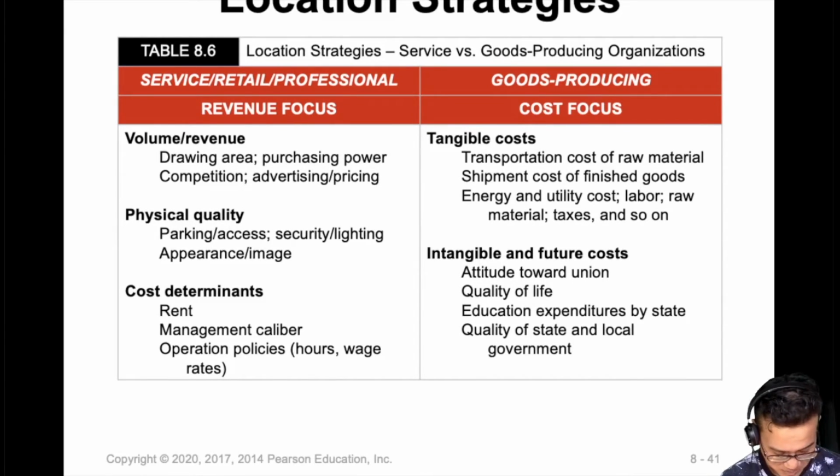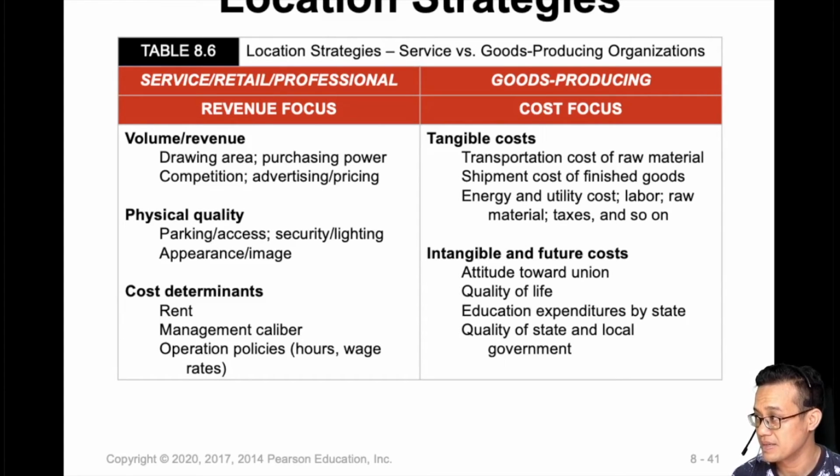This is basically a summary of location strategy for both service and goods. For services there is the revenue focus, where for volume we look at what we have discussed earlier. For the physical quality, we're talking about parking access for your customers, security, lighting, appearance, and image.